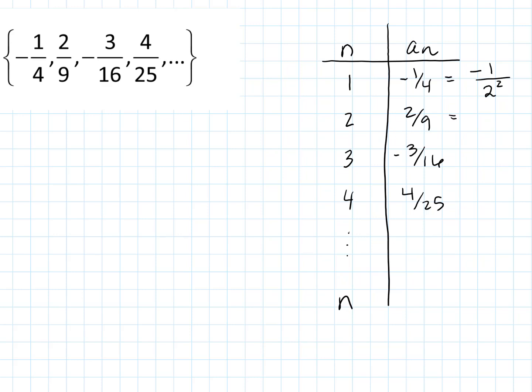Then I've got a positive for the second term, so 2 over 3 squared. And for the third term, I have a -1 times 3 over 4 squared. And then I've got a positive 4 over 5 squared on this one.